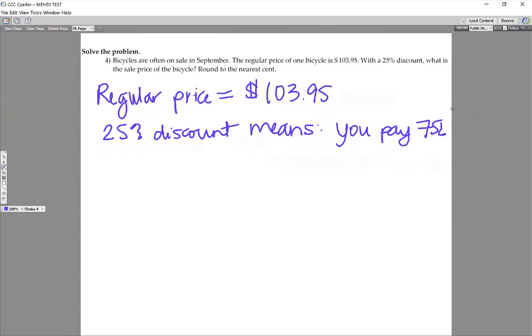So we know that you pay 75%. So if the regular price is $103.95 and you pay 75%, we need to multiply 75% by the regular price to get the discounted rate.